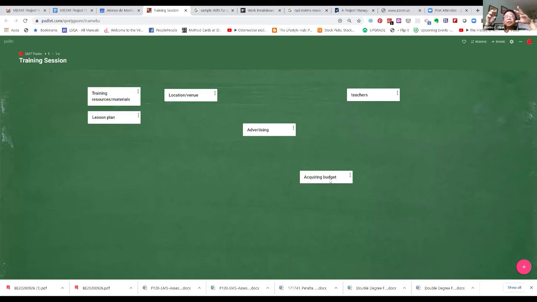So if you're saying that you need to develop a registration system, you're breaking it down to its item components. So in this case, training, you break it down to teachers, advertising, location, training resources. That's one school of thought.